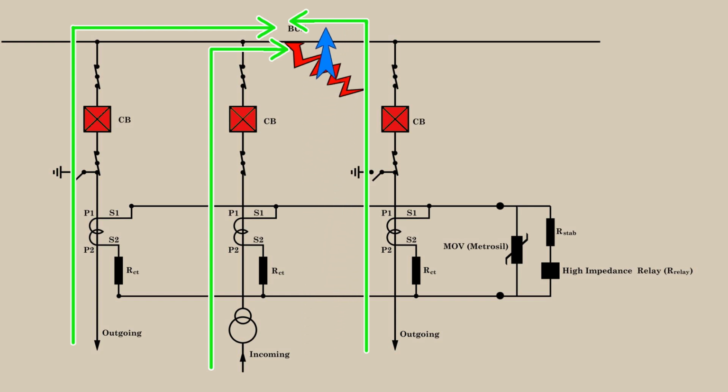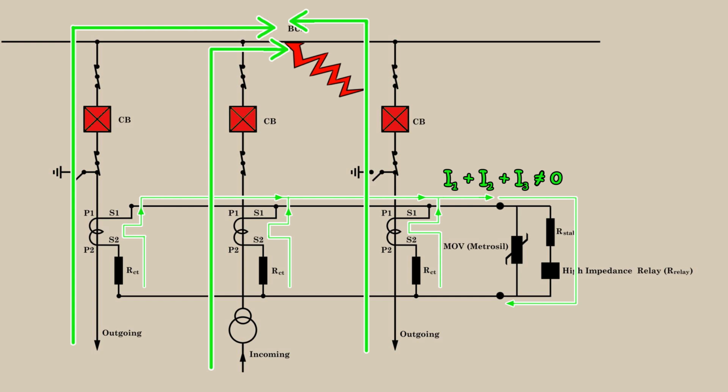So obviously Kirchhoff's current law will no longer hold. Here, I1 plus I2 plus I3 does not equal 0. That means these three currents will not cancel out each other. Therefore, there will be a resultant current, a non-zero summation of the currents, and it will flow through this relay.